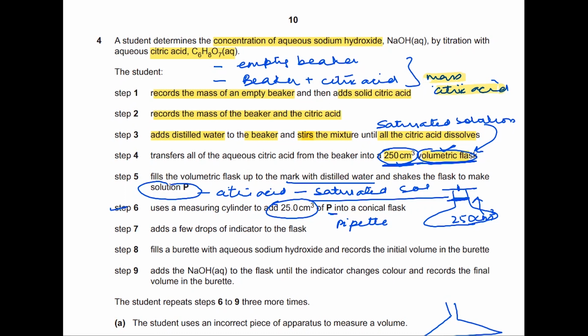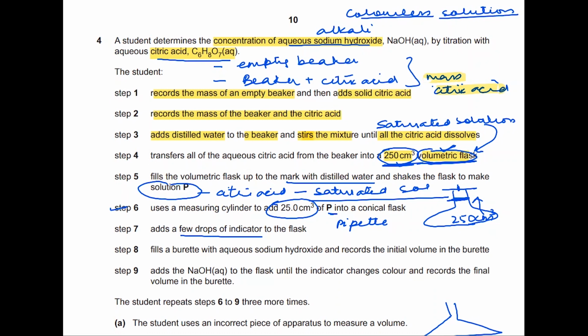Now, then he'll be adding a few drops of indicator. Both the solutions, whether you talk about an alkali, which is your NaOH, or the citric acid, are colorless in nature. So when we have colorless solutions during the titration, we will not know when exactly the acid, or H positive ions, have been completely neutralized by OH ions from the alkali.